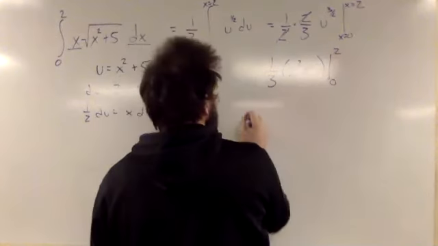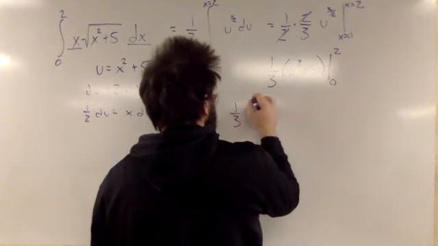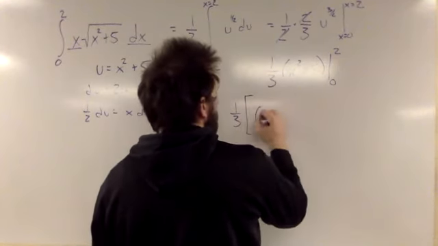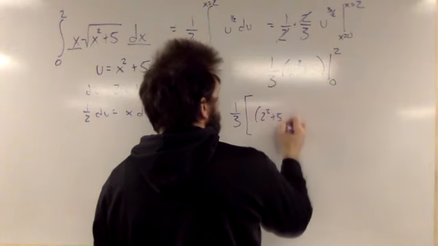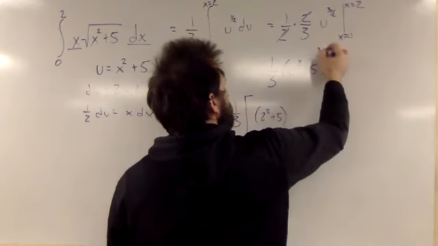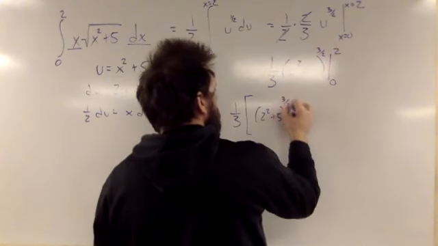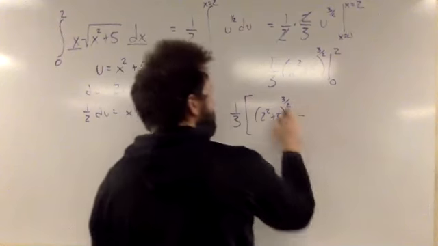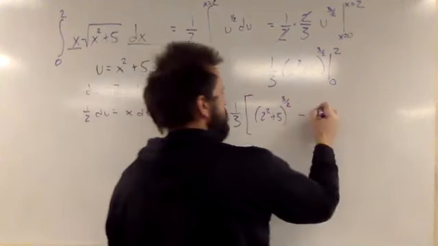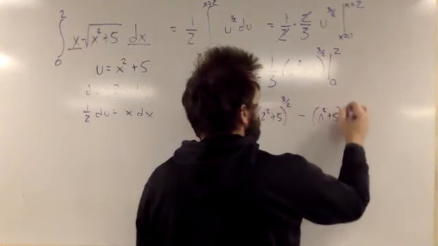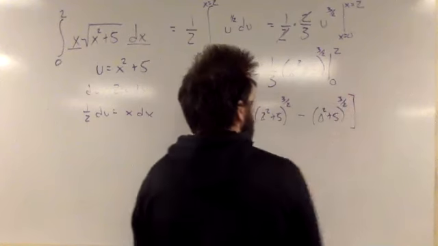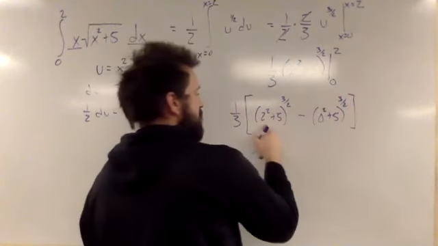So when I plug in a 2, that's 1/3 times 2 squared plus 5 to the 3/2, minus, so I have the 1/3 on the outside, now I'm just going to plug in 0. So 0 squared plus 5 to the 3/2. 4 plus 5 is 9.